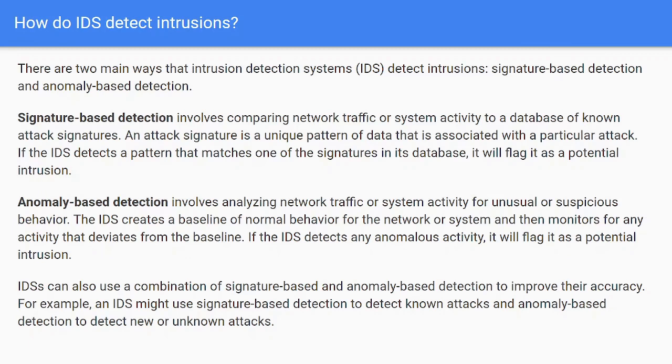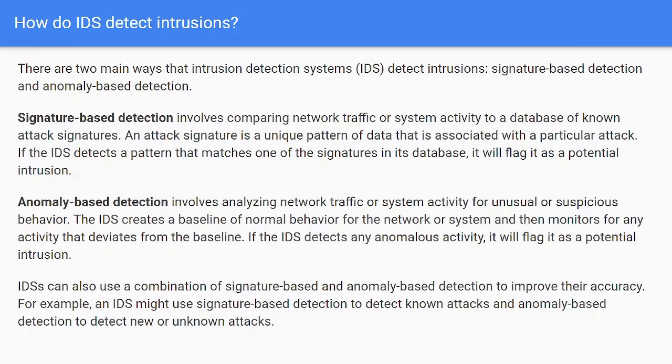So basically, when the IDS is looking through the network or the system, it is comparing the traffic and the system activities with a database of known attacks. These signatures are unique patterns of data that that particular attack will execute.